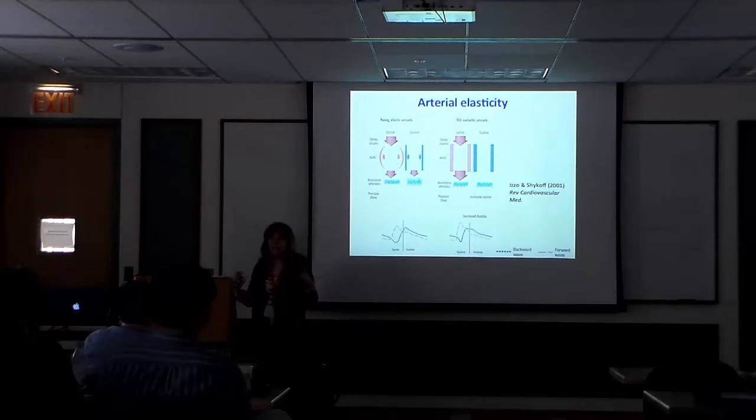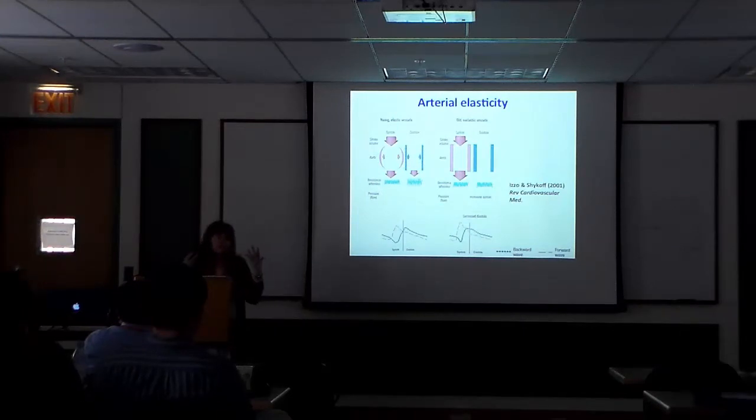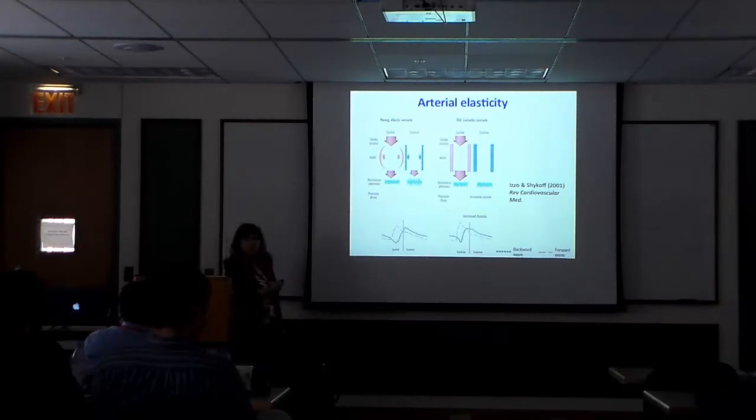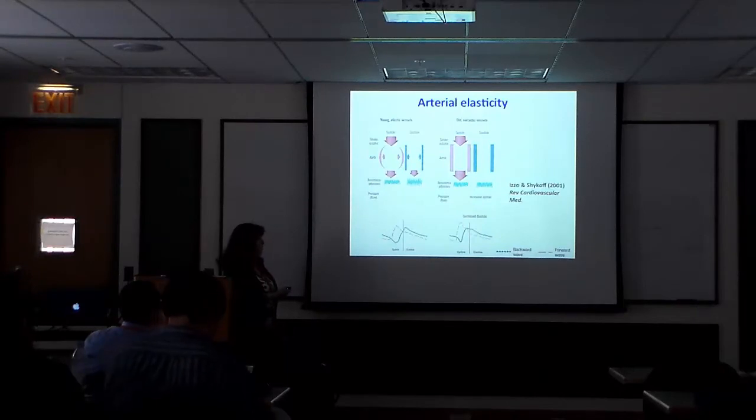Arteries pulsate, and arteries go from the heart to the brain, and we are interested in this case in looking at arterial effects within the brain. Now, in young arteries, the shape of the pulse is prolonged, and the reason is that because their arteries are elastic, you have both a response that pushes the blood forward and a recoil response that pushes the blood backward.